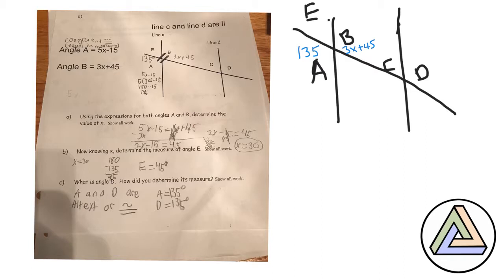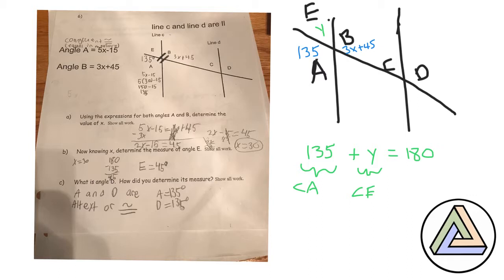So I'm going to call angle E y. Okay. We're just going to assign the variable y to it, because now we can write the equation. It's 135, which is angle A, plus y, which is angle E. We'll use the angle symbol. And that's going to equal 180, right?